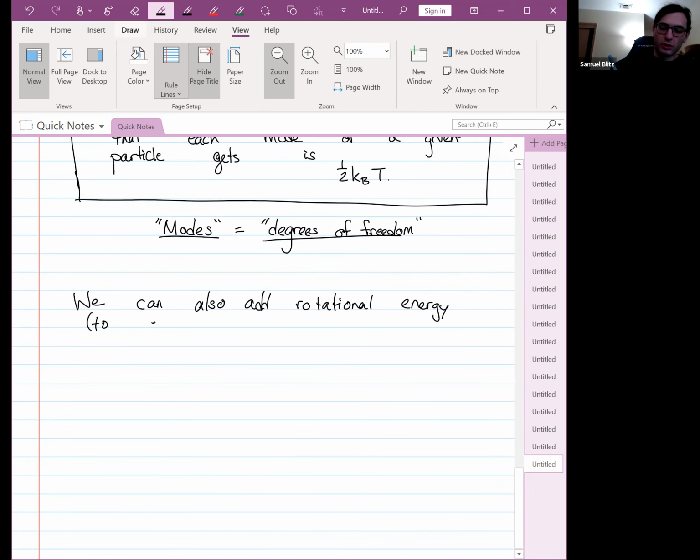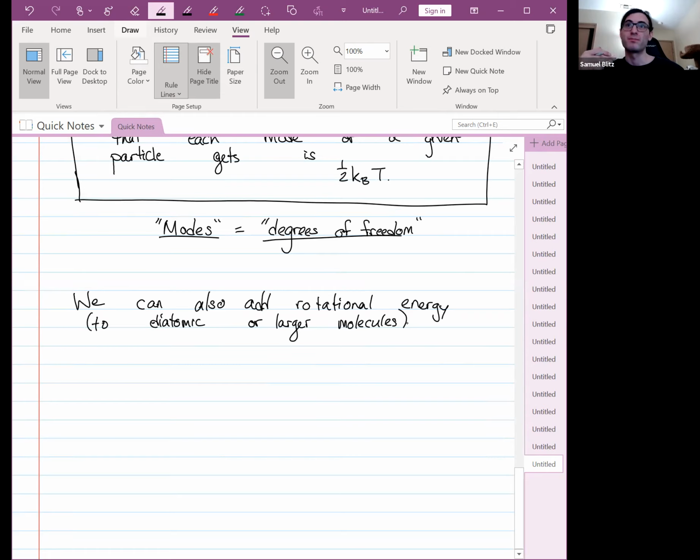And this is only for diatomic or larger molecules. By the way, there is a subtlety as to why we don't count rotational energy for the monoatomic gases. It's basically a quantum effect.